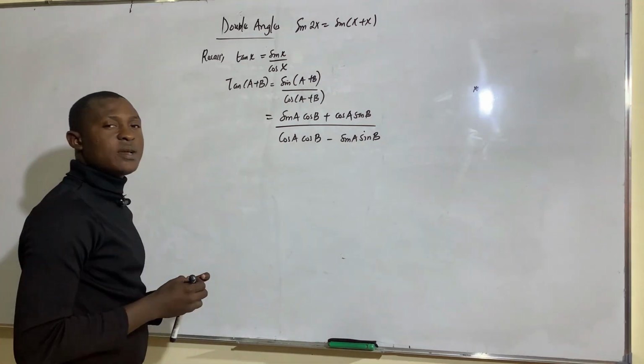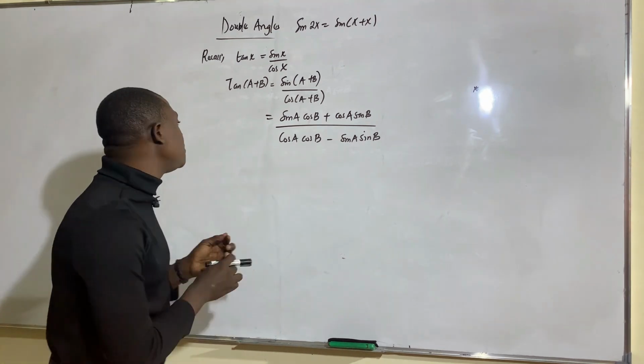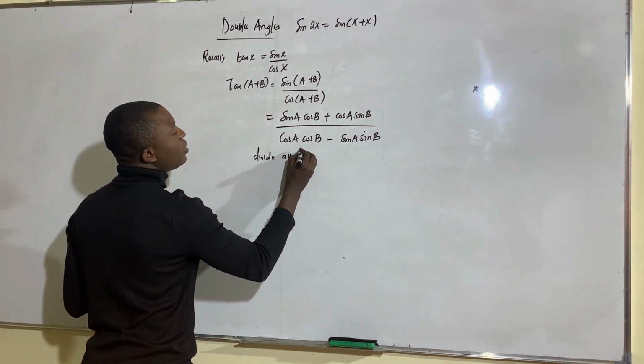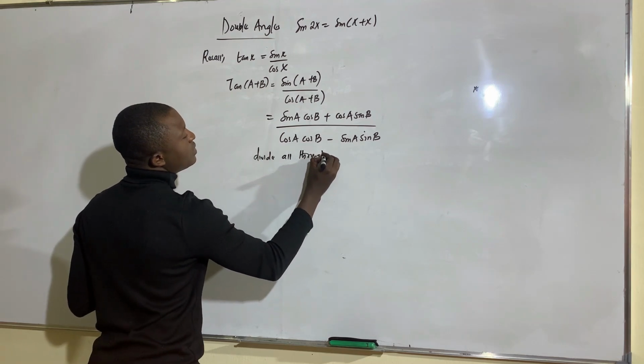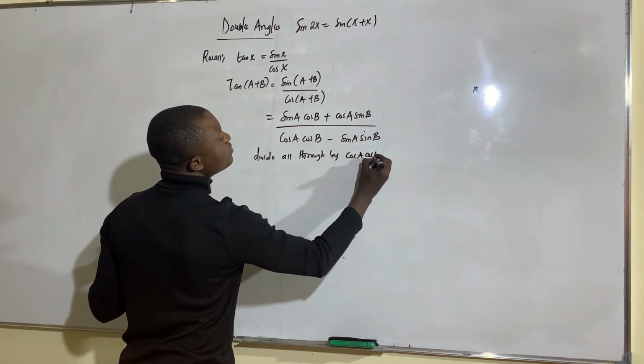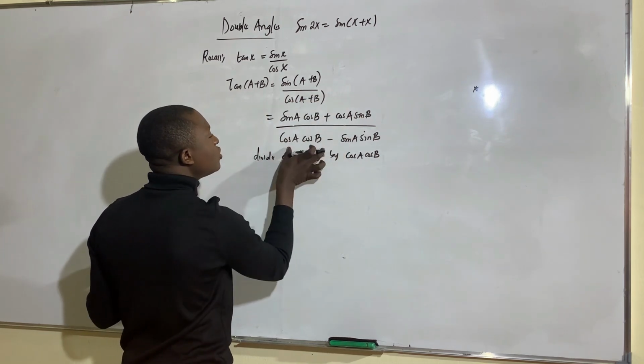So now, the next step, you divide all through by cos A cos B. Divide all through by the one we have here, that is cos A cos B. So meaning I will divide this value by this, the first one, second one, third one, and the fourth one.